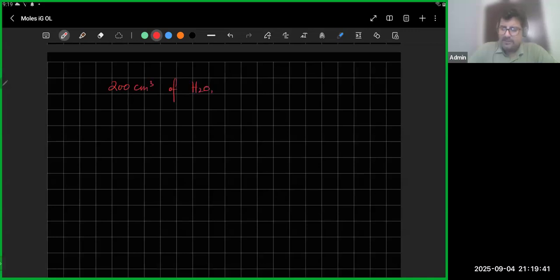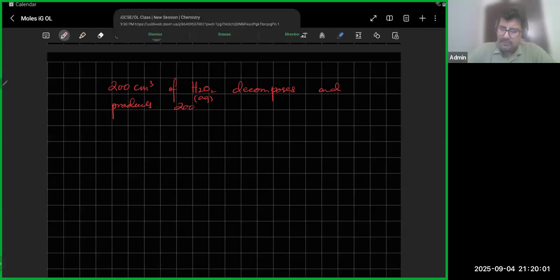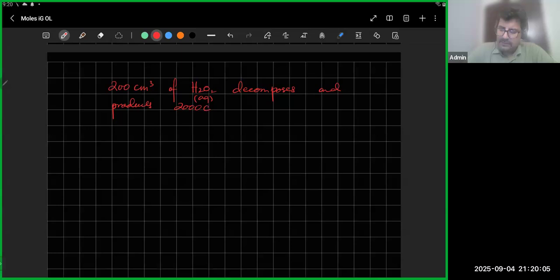aqueous H2O2 decomposes and produces, let's say 2000 cm cube, ends up producing 2000 cm cube of O2 gas.